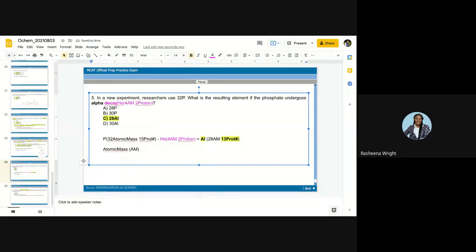So A is the atomic mass minus 4, and then Z minus 2 is moving back 2 spaces on the periodic table. Z is the proton number, which is the atomic number. Yeah, atomic number is proton number. Okay, thank you.